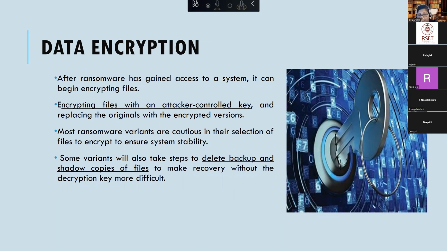One of the main applications of cryptography is in ransomware attacks, which take advantage of cryptographic algorithms to encrypt the files. In addition to encrypting the files, ransomware normally deletes the backups and shadow copies of the files. The reason the attackers do that is to make recovery difficult.